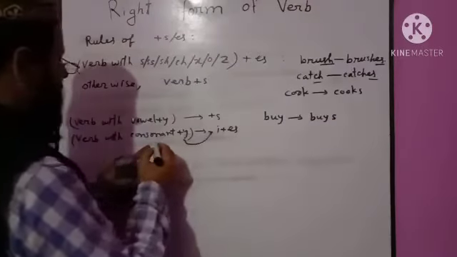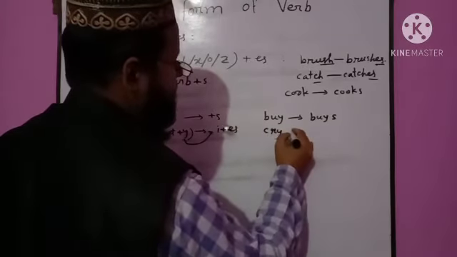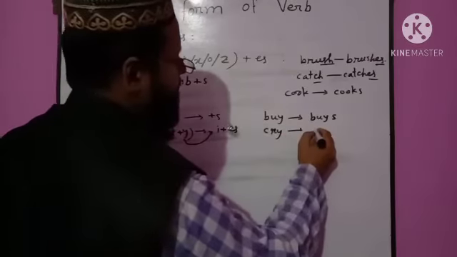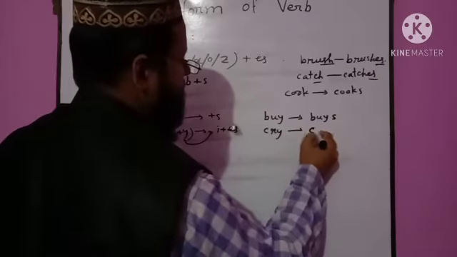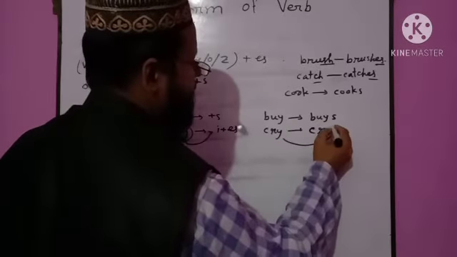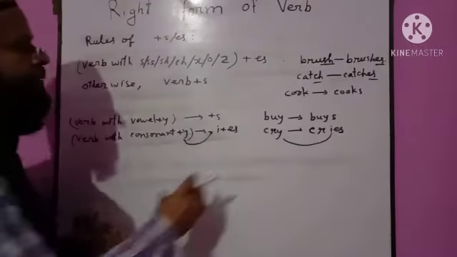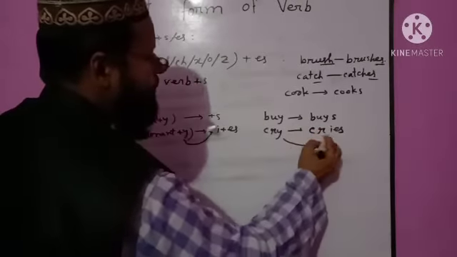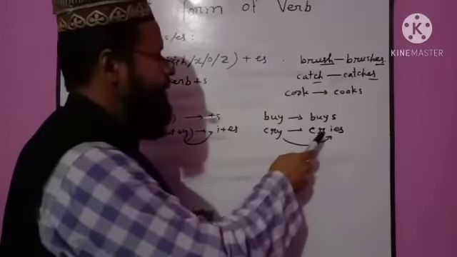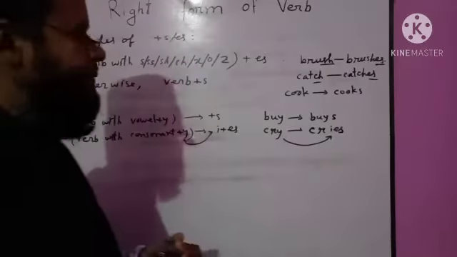But if the last letters are consonant plus y, for example cry, C-R-Y, the y will be changed into i, and then we add es: cries. Y is changed into i, and then es is added.